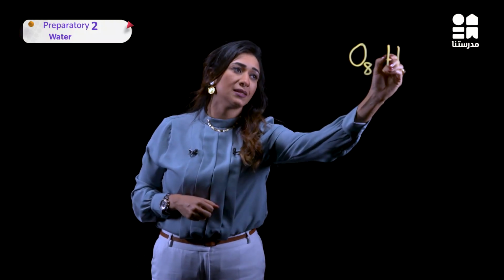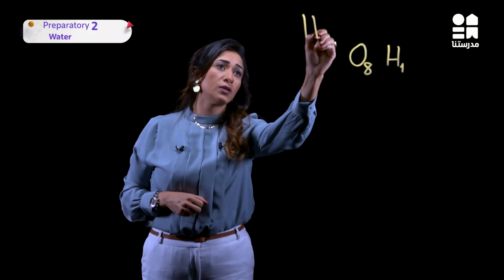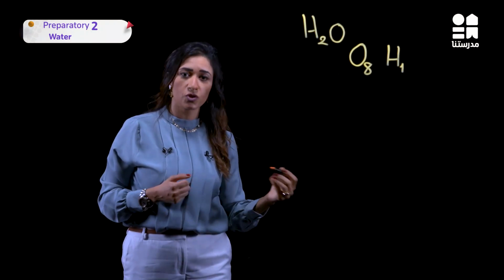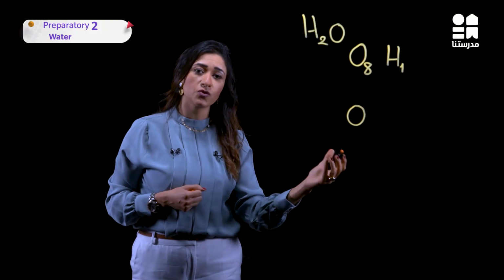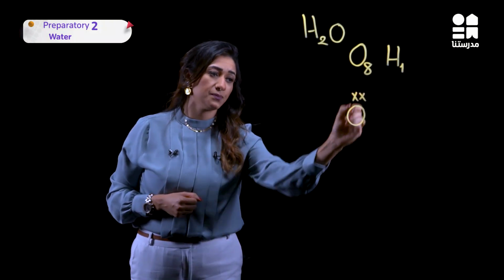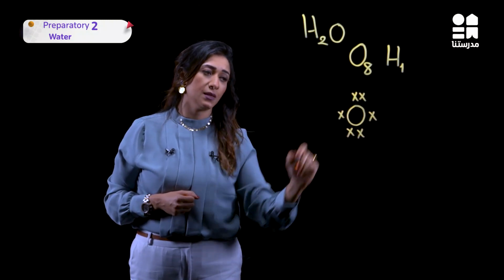the water molecules. I have oxygen and it has atomic number 8, and hydrogen, it has only 1 electron, and the water is H2O. If I'm going to draw the structure of water, I'm going to take the oxygen. I'm going to use the electrons found in the outermost energy level, which are 6. Okay, I'm going to draw them in the form of X. Right.